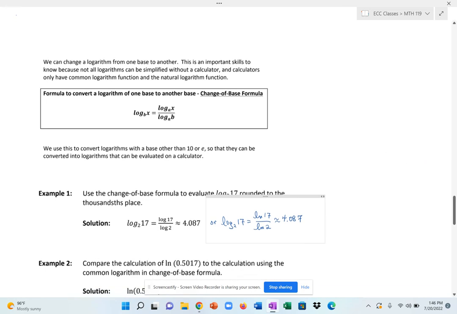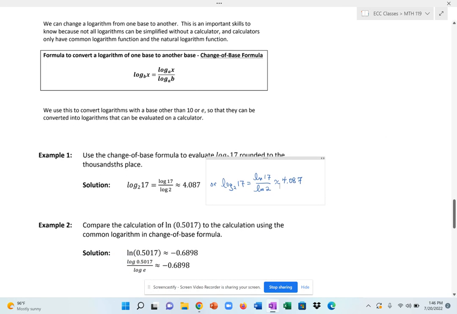In this next example, it says to compare the calculation of the natural log of 0.5017 to the calculation using common logarithms and the change of base formula. If I just plug in natural log of 0.5017, I get negative 0.6898. If I convert this using the formula to a common log, that would be the common log of 0.5017 divided by the common log of e, because remember the base here is e, and that's what you should be plugging in, the base in the denominator.